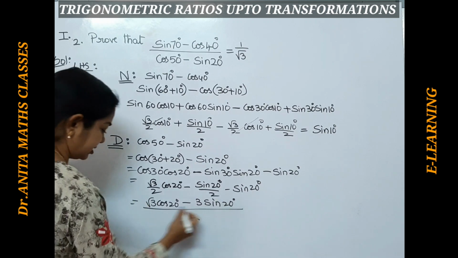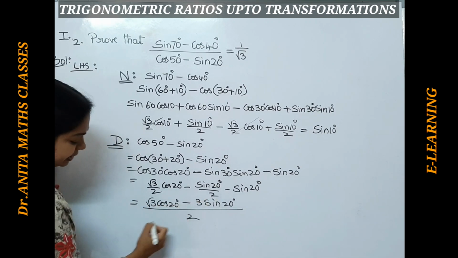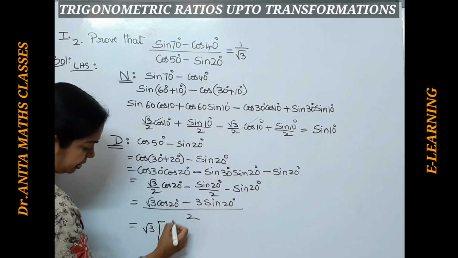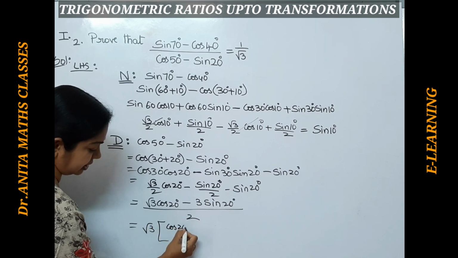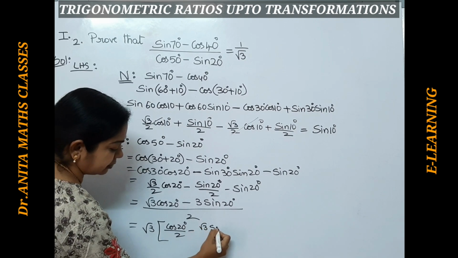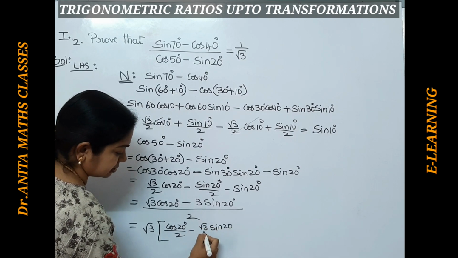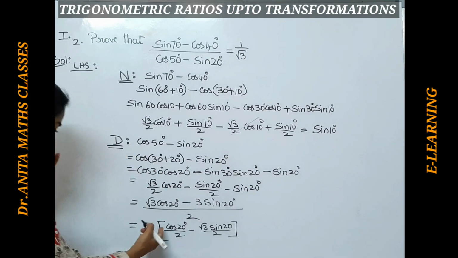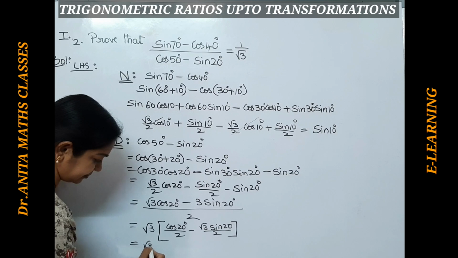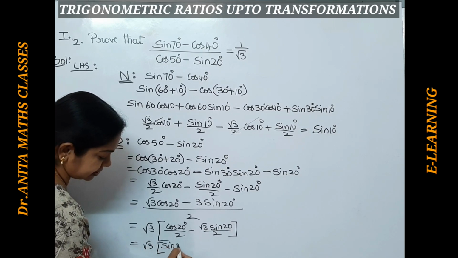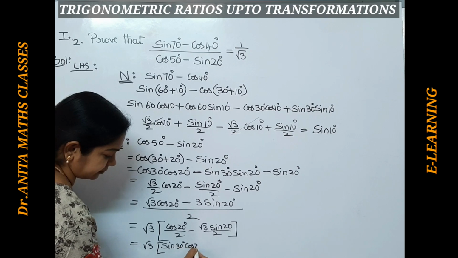Now from this, let me take root 3 common. If we take root 3 common, this becomes cos 20 degrees by 2 minus root 3 sin 20 degrees by 2. Just taking root 3 common. Here we can write 1 by 2 as sin 30 degrees, sin 30 cos 20.